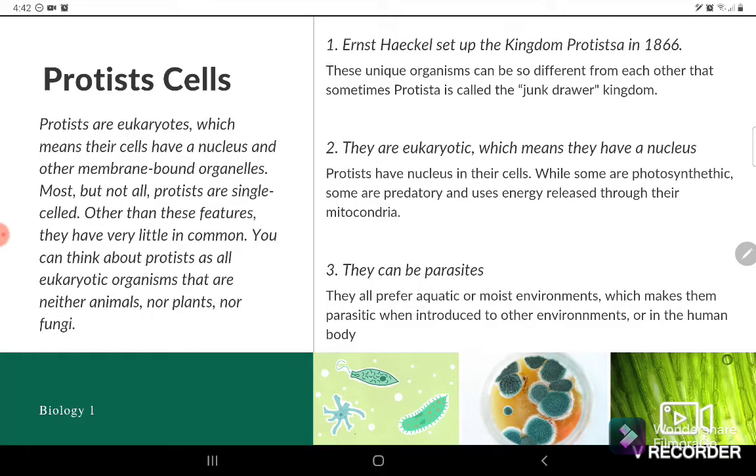And for number 3, they can be parasites. Now, protists prefer aquatic and moist environments. That's their normal environment. Now, when these protists are introduced to another environment, for example, ingested in the human body, such a protist may release substances in order for them to adapt and to survive in that environment, because that's new for them.